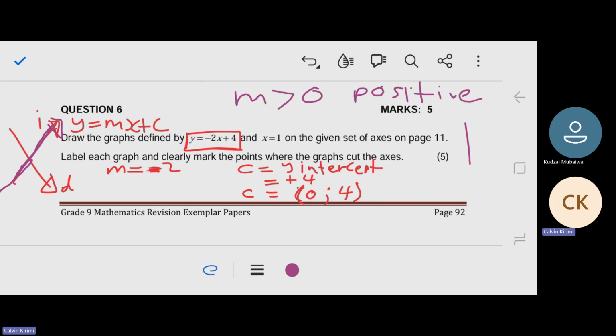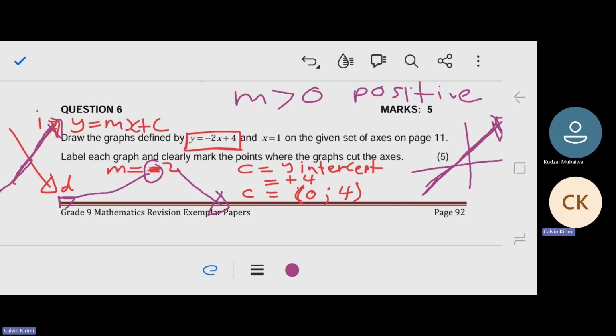We said it's sloping upwards. If m is positive, your graph is going upwards. If m is negative, the graph is going downward.